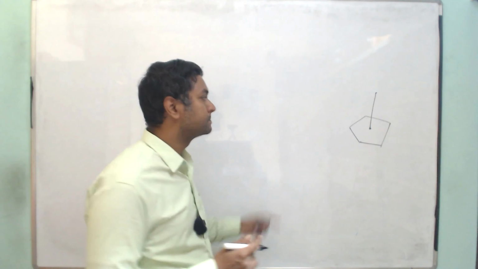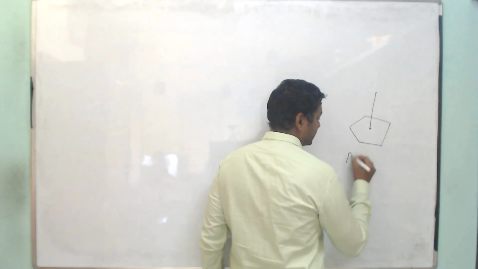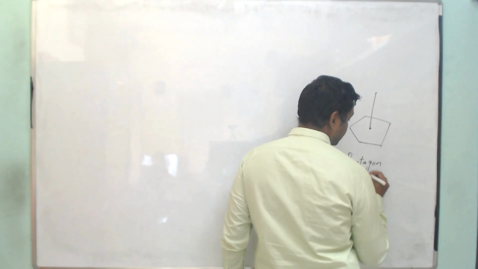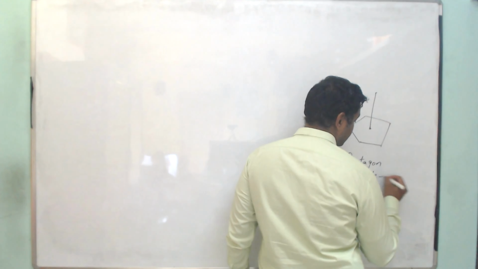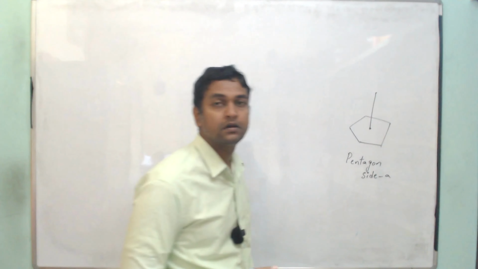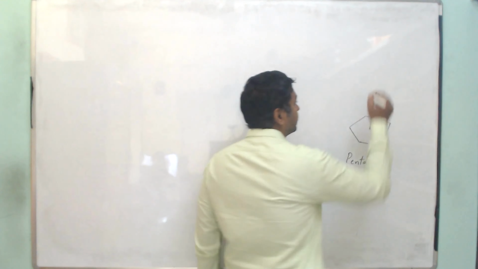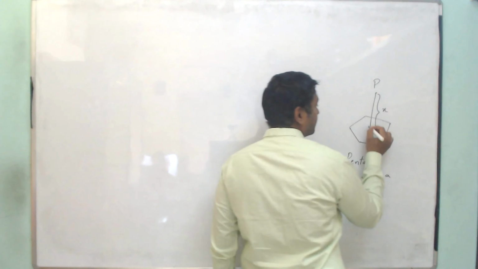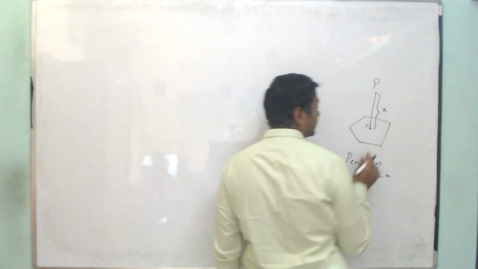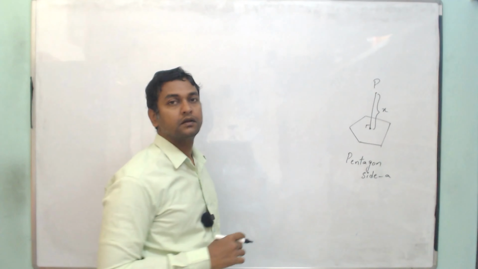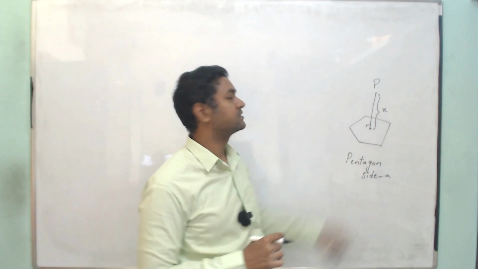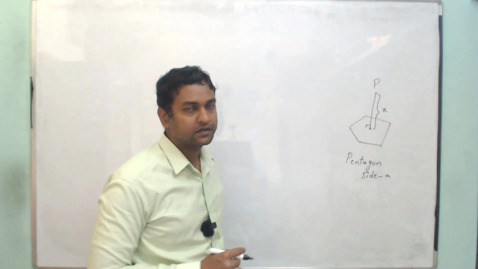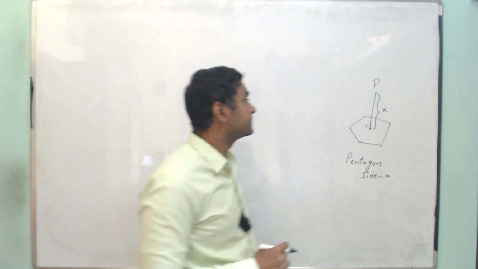So this is a pentagon of side a. There is a point P at a distance x perpendicular to the plane of the pentagon, above its center.